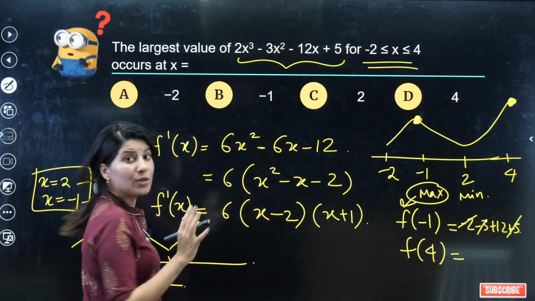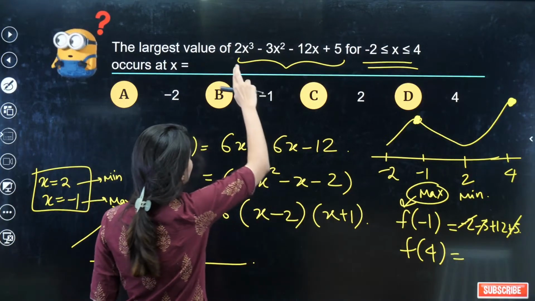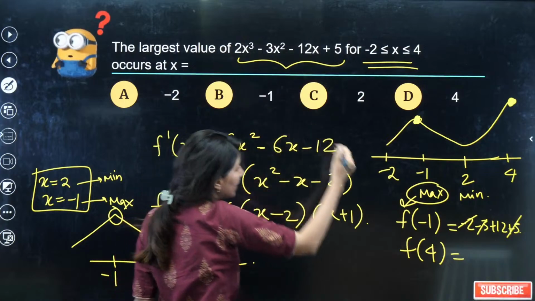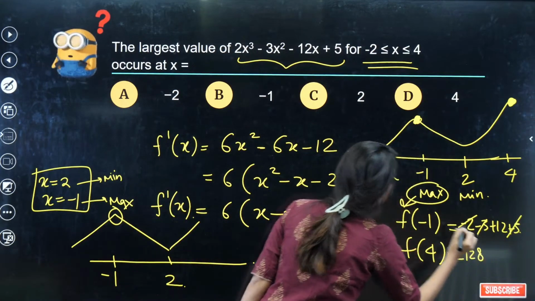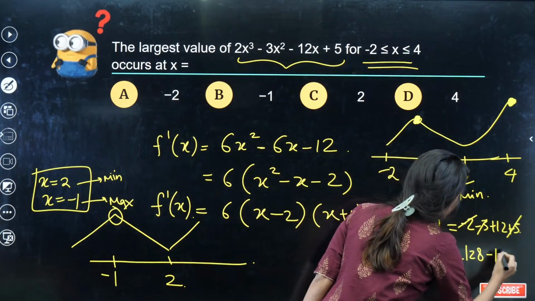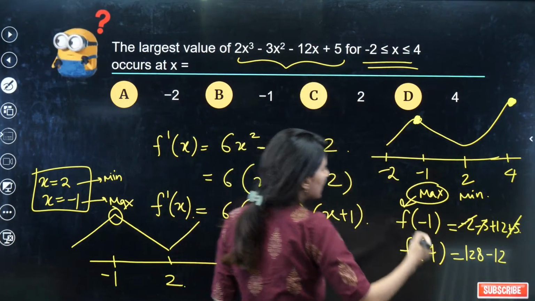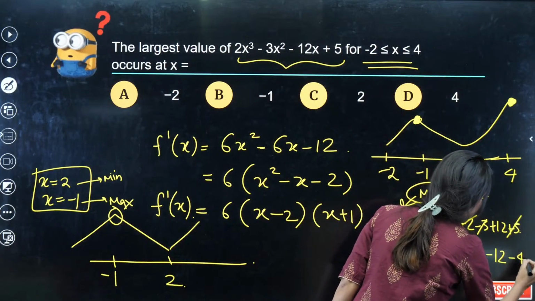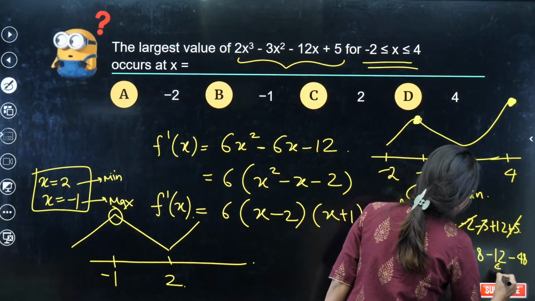Now f of 4, who is going to tell me the value of f of 4? So 4 4s are 64 into 2, 128. 128 minus 12, 4s are, so minus 48, and then we are having plus 5.